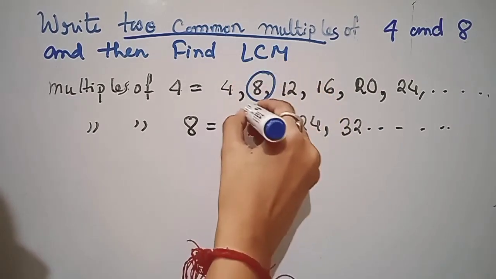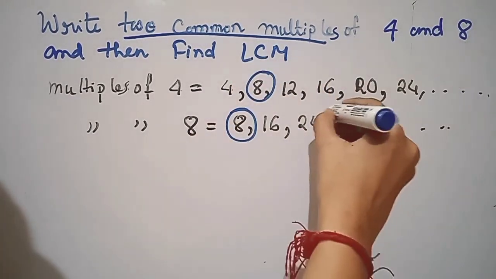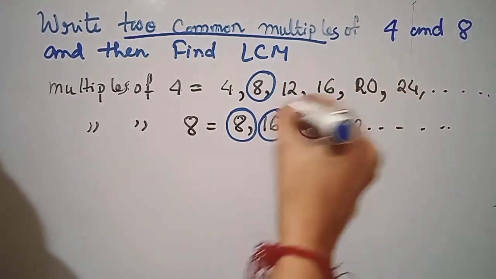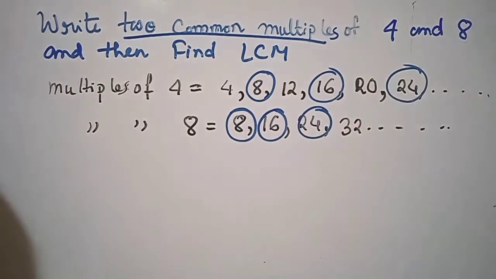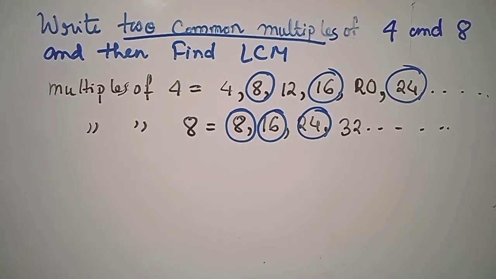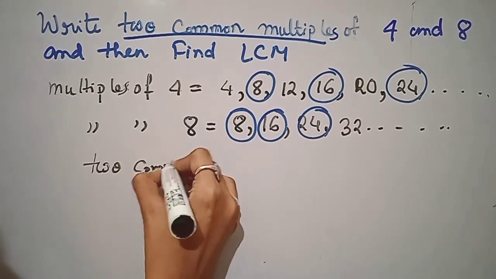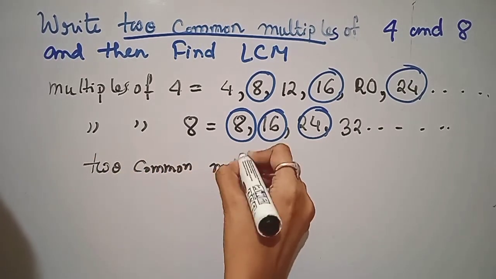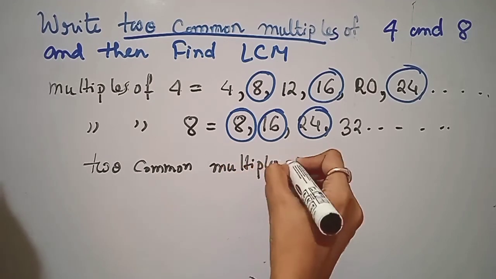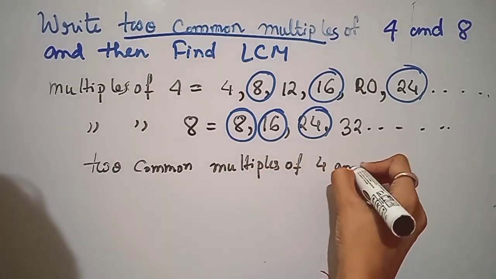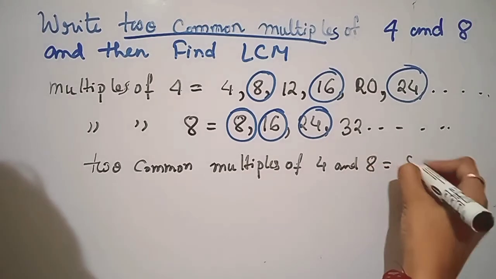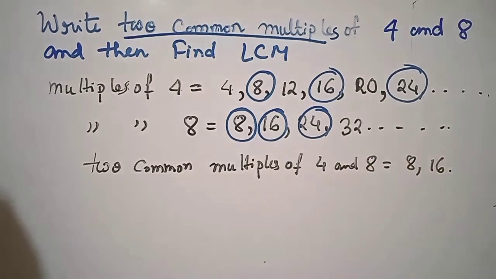We know 8 is common, 16 is also common, 24 is also common. So we have to write only 2. So the two common multiples of 4 and 8 are 8 and 16.